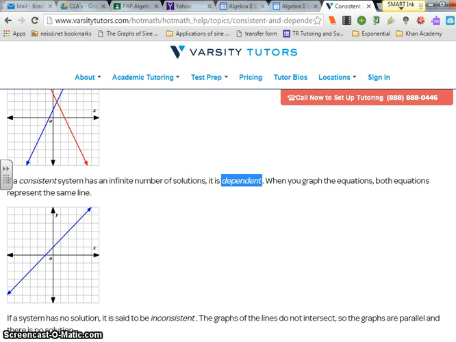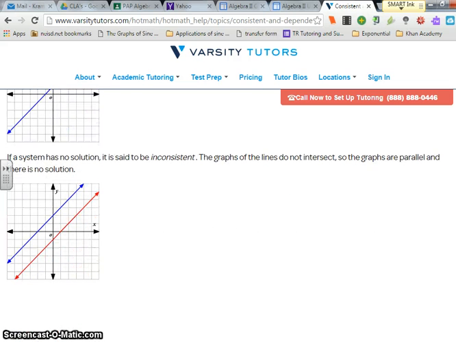Dependent. And then finally, the last vocabulary word that you need to know is inconsistent. That happens when you have lines that don't intersect, and so the system has no solution. So how do you know when you have that?